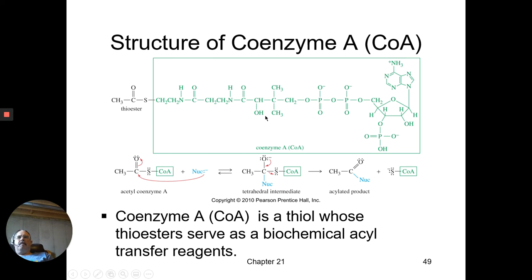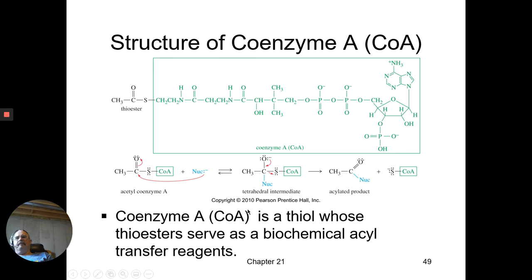So here is a biologically important thioester. This is coenzyme A, or acetyl coenzyme A. A nucleophile attacks the carbonyl. The coenzyme A thiolate is a good leaving group, a very stable leaving group.